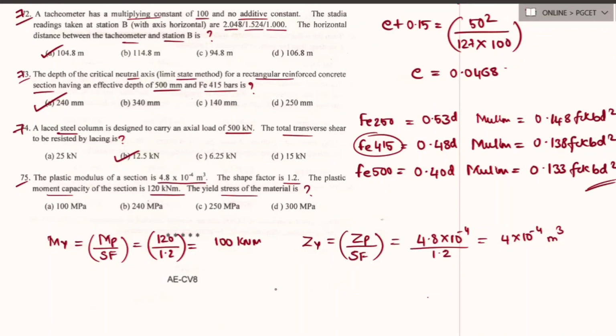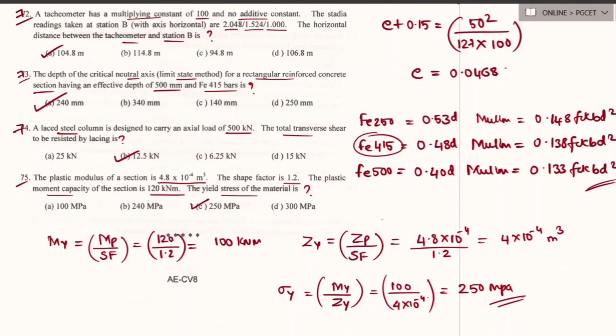Now we have to calculate the yield stress of the material, given by the formula sigma y equals yield moment divided by yield section modulus. Yield moment is 100 kN meter, divided by yield section modulus 4 × 10^-4 meter cube. If you calculate this, the yield stress of the material will be 250 MPa. So option C is the right answer.